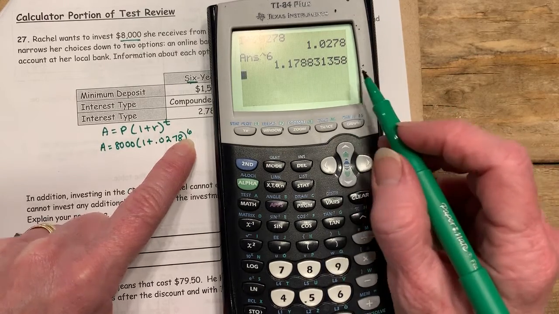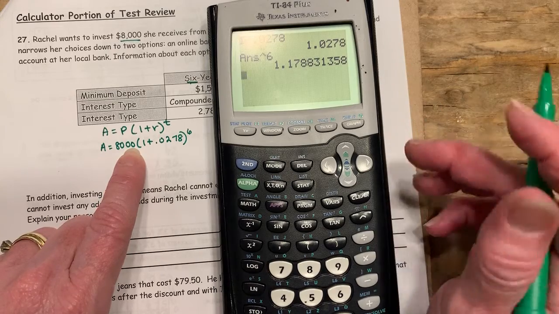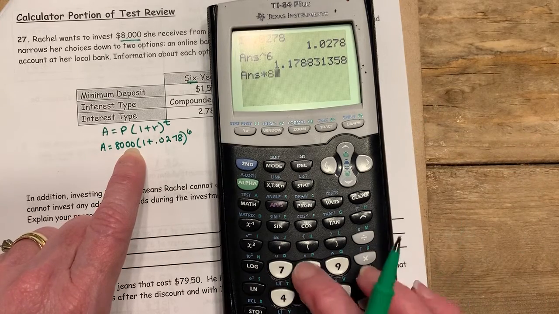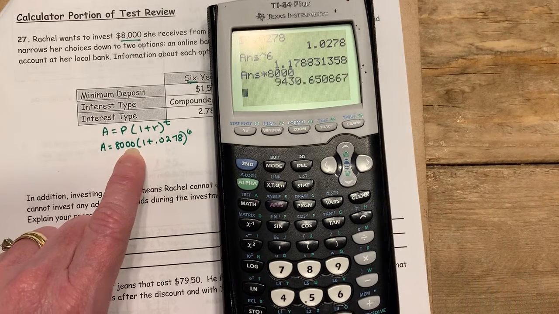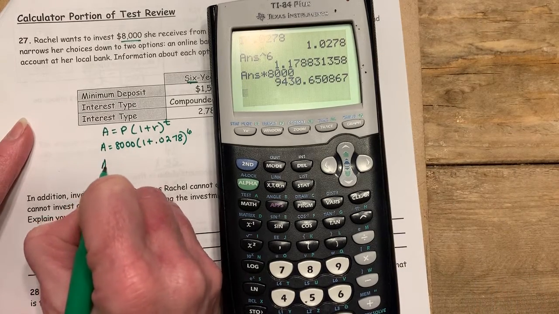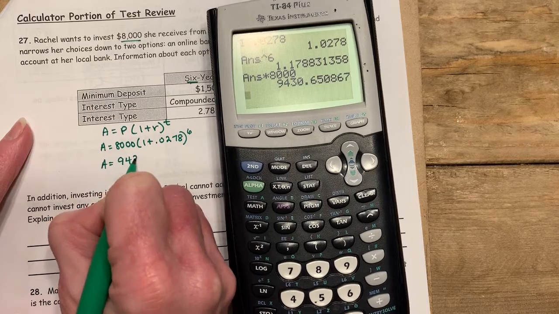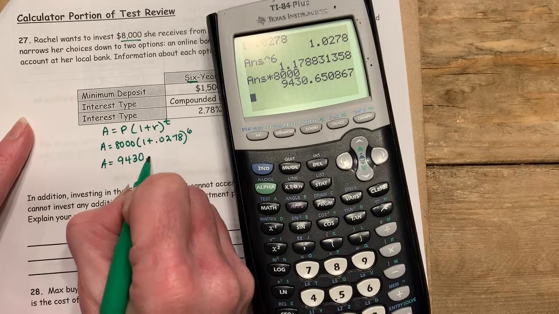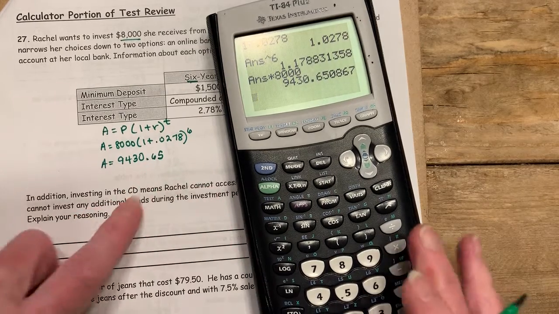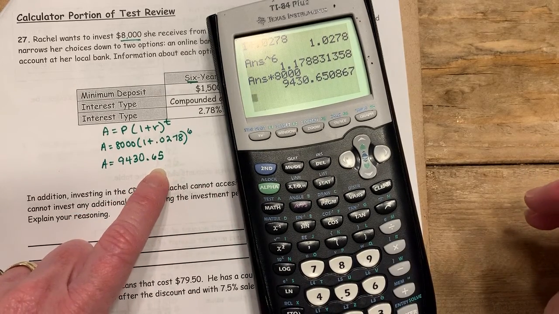Just leave that in there, because the next thing you have to do is multiply by 8,000. If you just put times 8,000, it brings down that number from before. And then you get 9,430.65, which rounds to 0.65 because we're talking about money, so we can round to cents.